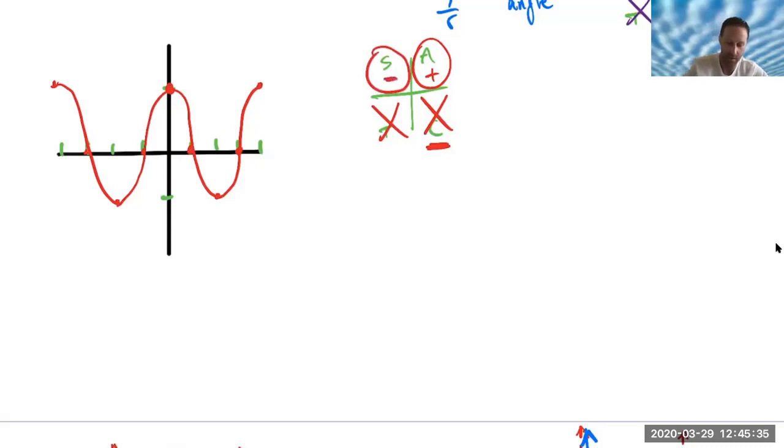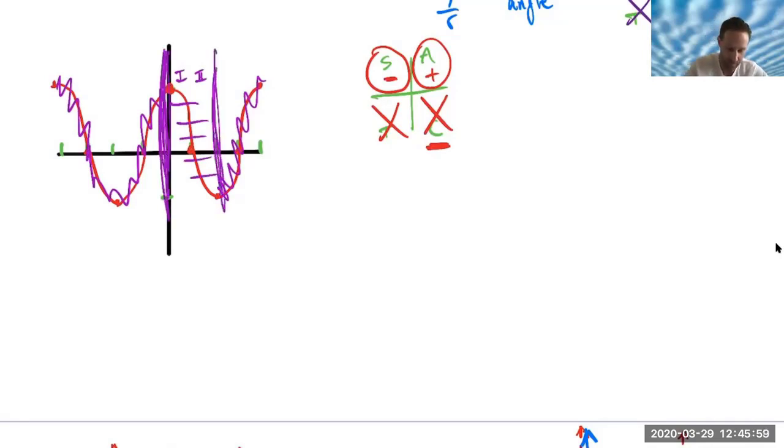And so looking at our graph again, if we were to try to get rid of everything, so now I don't need anything over here, and I could look at quadrant 1 and quadrant 2 and get rid of everything here. Now you can see that, yes, indeed, it would pass that horizontal line test, and therefore we would have a function in quadrants 1 and 2 for the inverse of cosine.